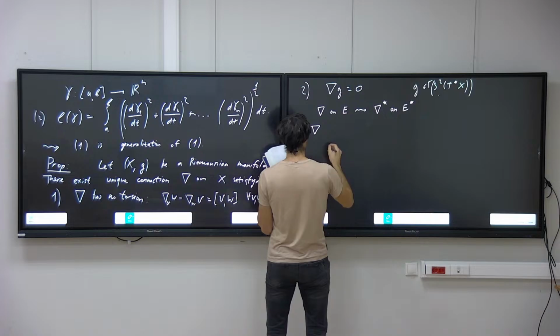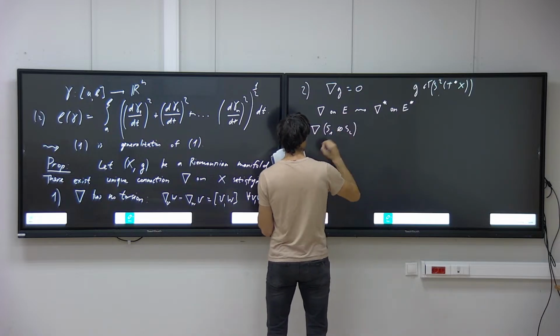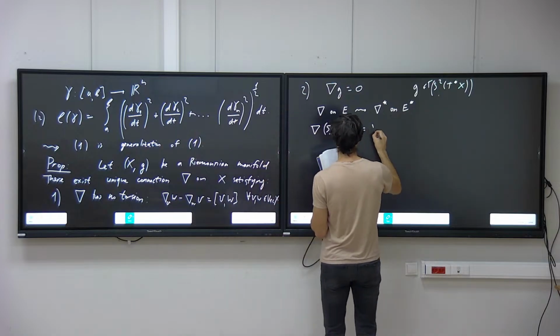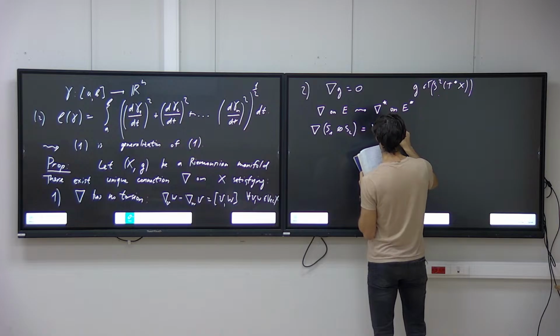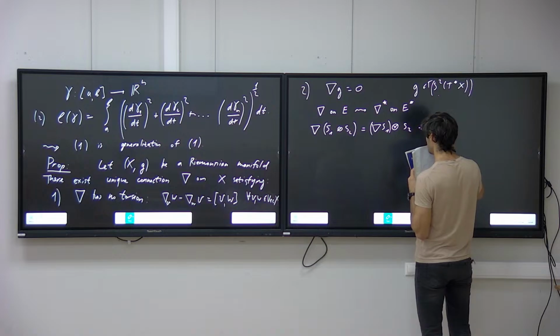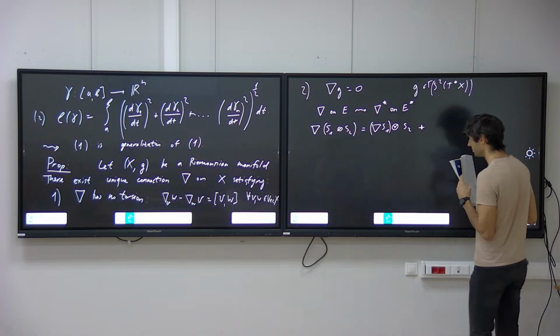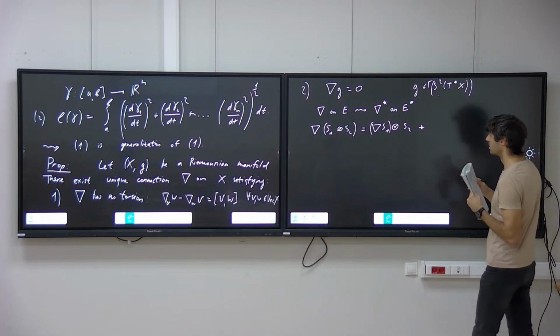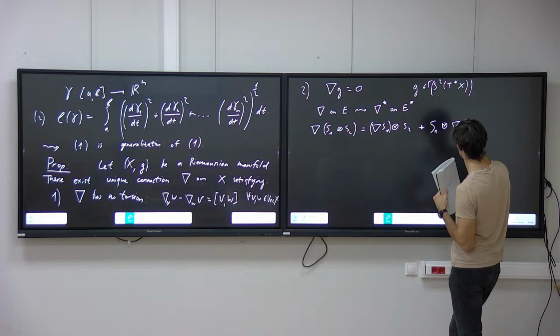So nabla of S1 tensor S2 is just nabla S1 tensor S2 plus S1 tensor nabla of S2.